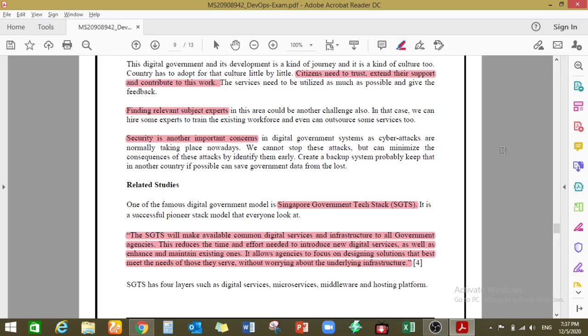We can't stop these attacks, but we can minimize the effect or consequences of these attacks by identifying them at an early stage. In that case, we need to build up a backup system which can be located most probably in another country if possible, so we can save the government data from this attack.